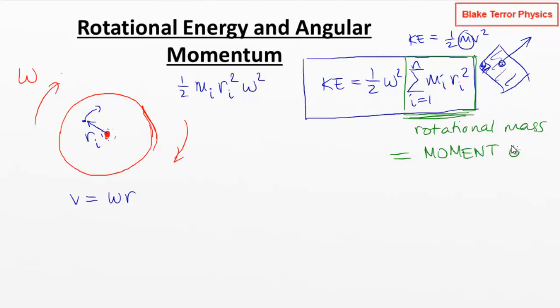It's an old term that they came up with a long time ago to describe this rotational mass. So a large part of working out rotational energy and angular momentum is working out what the moment of inertia of a particular object is. Because once we've got that, we're fine. We can use that as our mass in the way that we use linear mass when we're looking at translation through space.